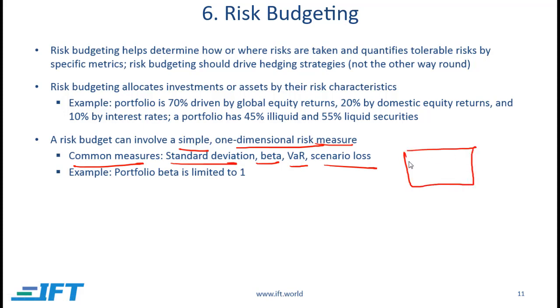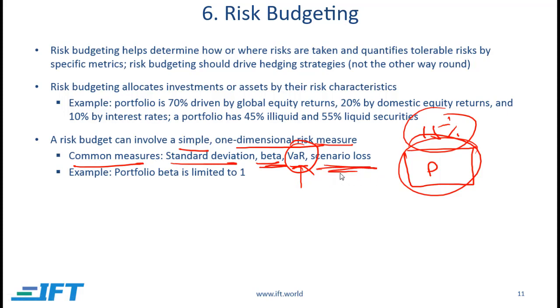So we might say this is our portfolio and we might be comfortable with a 15% standard deviation. Beta is a measure of systematic risk. Value at risk talks about how much of this portfolio value is at risk, and it talks in terms of probabilities and time horizons. We'll discuss this later. And then scenario loss would be, in different sorts of scenarios, what is the possible loss.